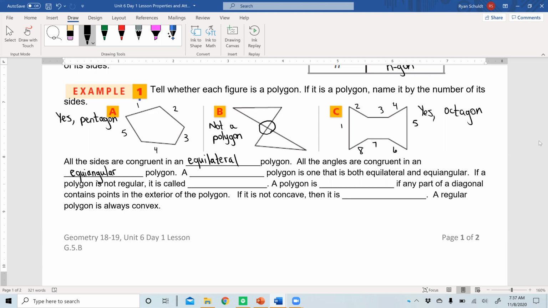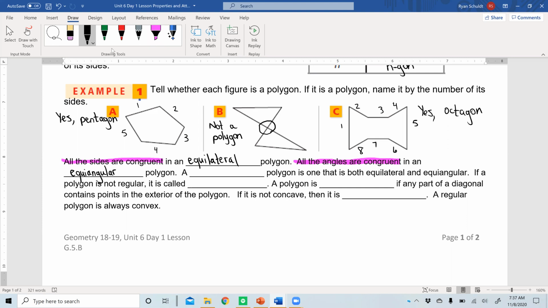Now, what if both of these happen? What I mean by that is, all sides are congruent and all angles are congruent. What happens if both of those happen?